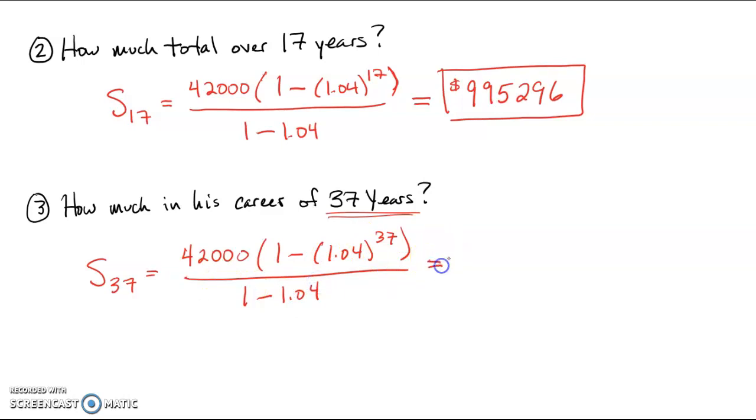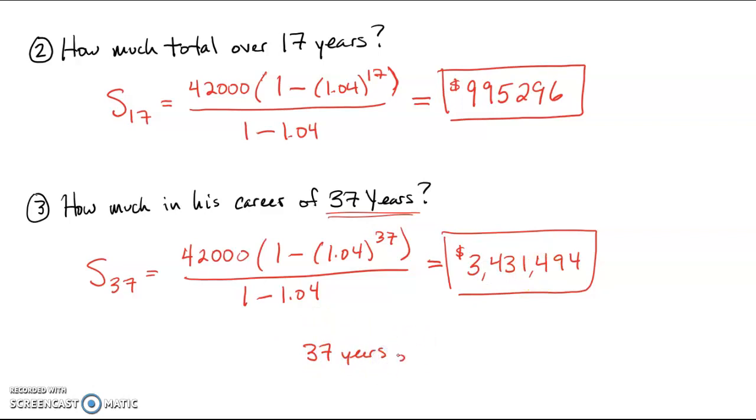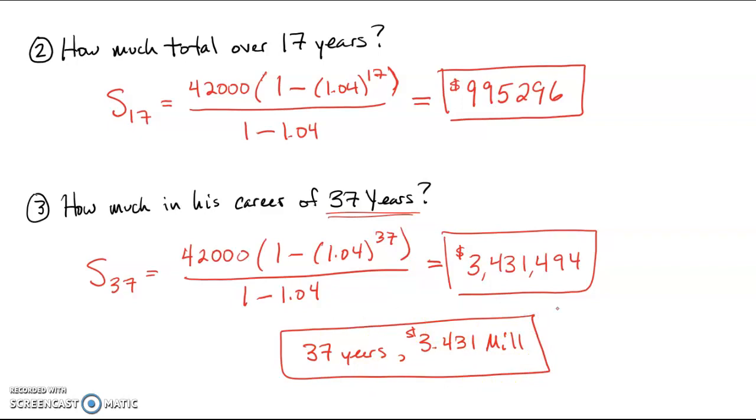And over 37 years, I will make $3,431,494. All right, so that's pretty good. So, if you think about it, that's 37 years for $3.431 million. I believe that's better than my $4,000 raise in the arithmetic example on the previous lesson.